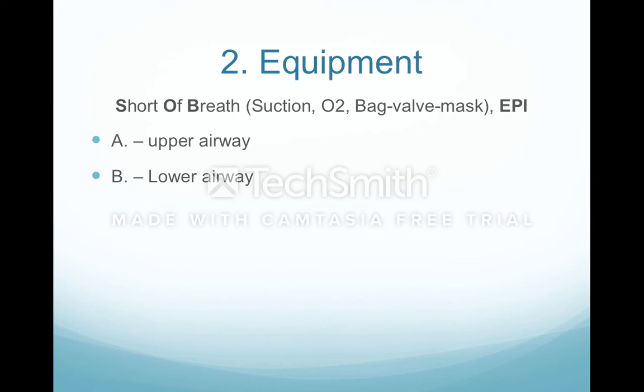And there's two ways of thinking about the adjunct equipment. A is the adjunct equipment for the upper airway, which is essentially your nasal passage and the oral pharyngeal passage, and then B, the lower airway, which gets down into the larynx, or in fact doing a cricothyroidotomy.